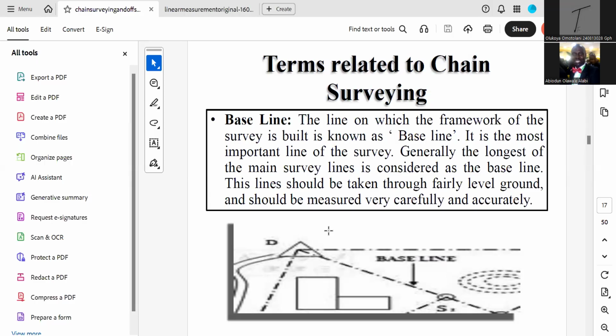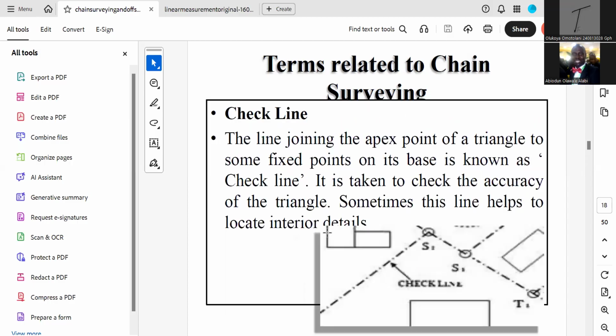So when you are determining your baseline, the path from one point to the other must be fairly level ground and should be measured very carefully and accurately, because if it's not done so, then all your chain surveys will be totally wrong. There will be error in every other measurement you carry out because your baseline is not accurately measured. All right, so take notes of that.